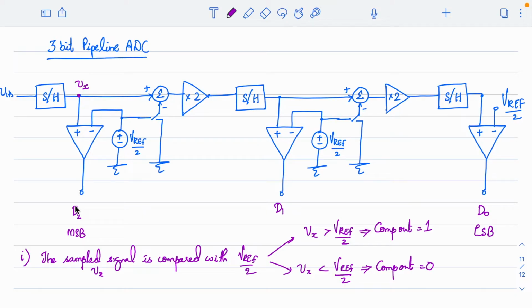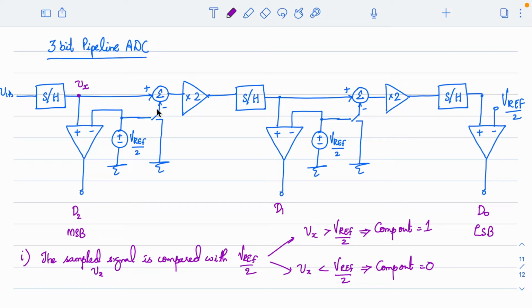But depending on this, one more control we have here. If your input voltage Vx is greater than Vref by 2, one input of the summer is Vx, but the other input of the summer will automatically be connected to Vref by 2. That means if your Vx is greater than Vref by 2, the comparator output will be high.